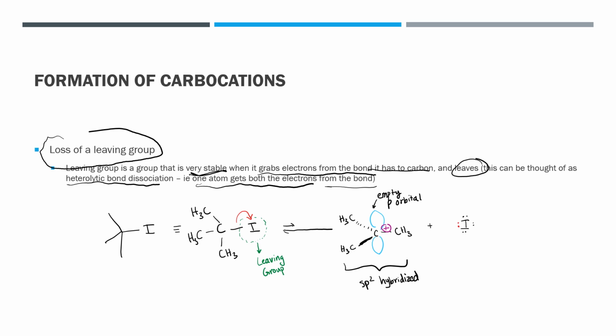So let's look at this example I've drawn here. This is tert-butyl iodide. You don't need to know the name, I'm just referring to it for reference. Iodide here is the leaving group. Why is this a good leaving group? Because it's very stable when it grabs the electrons from the bond it has to carbon.